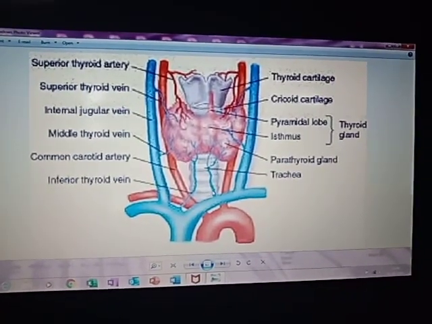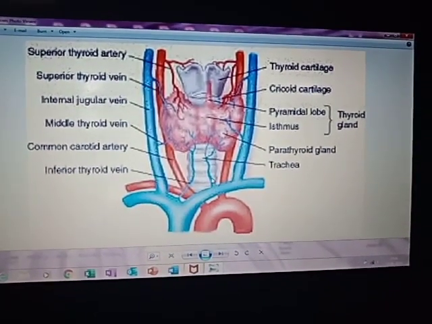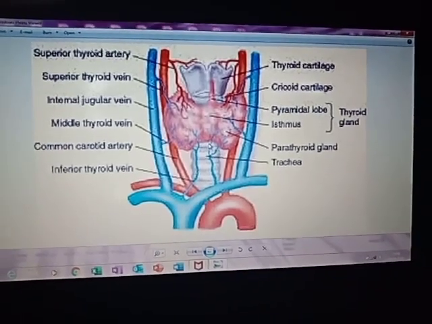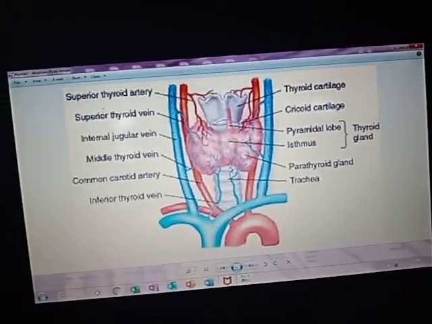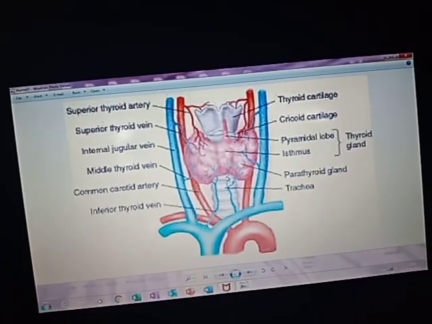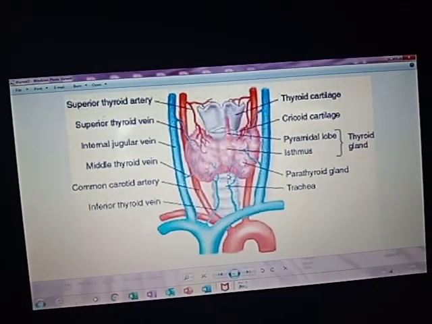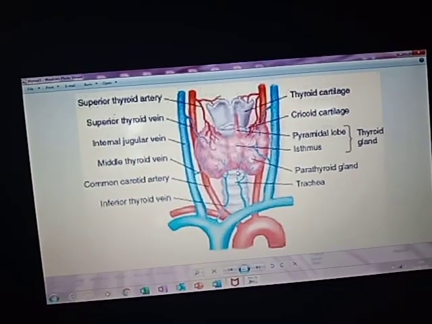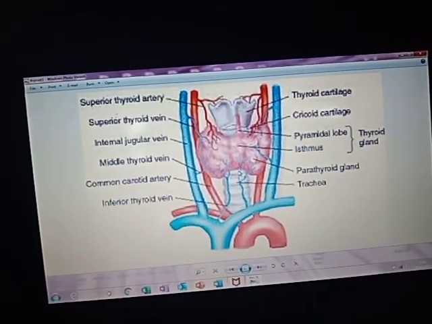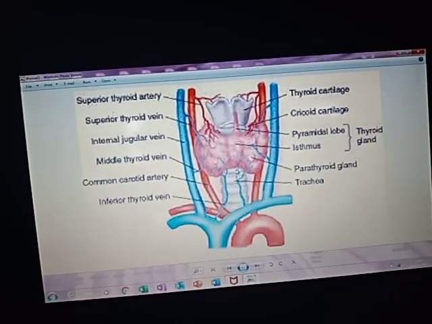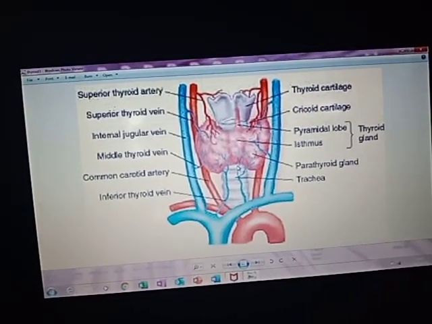The inferior thyroid veins, which may be two, after coming from the lower border of the thyroid gland, join together and form one vein, the brachiocephalic or innominate vein, and then it goes to the subclavian vein.